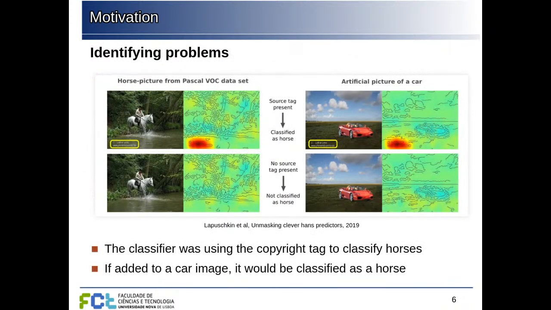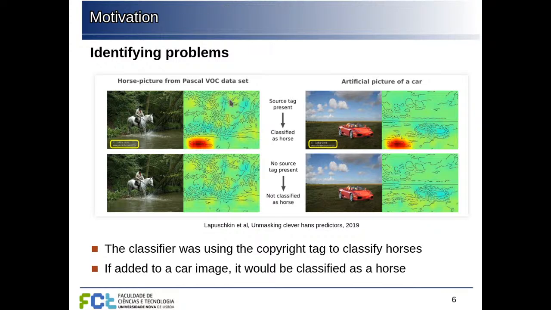Okay, so let's look at a few examples of these. This is an example of classification of, this is the Open Images data set. No, sorry, the Pascal VOC data set. And the authors used this method that I'm going to talk about later to check the relevance of the inputs, to examine some images.